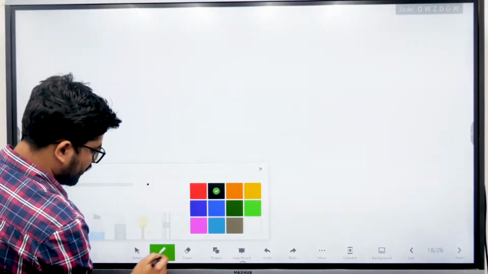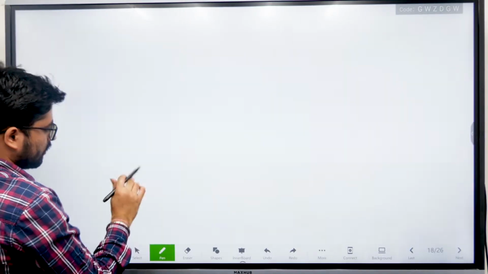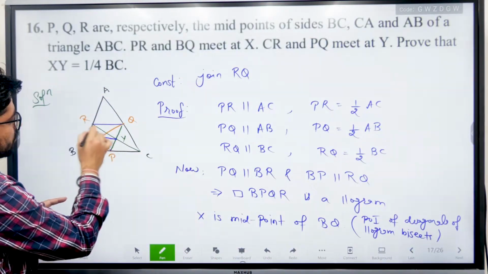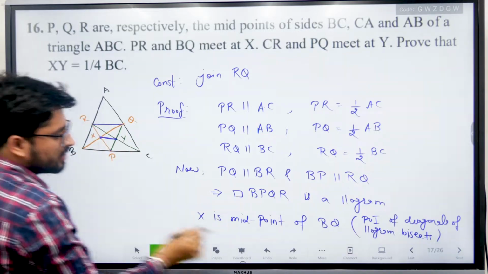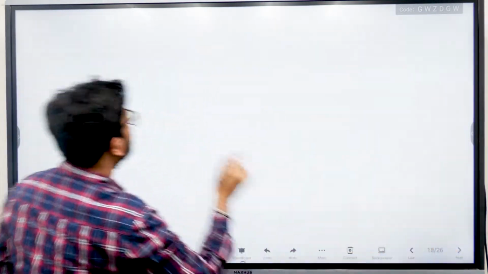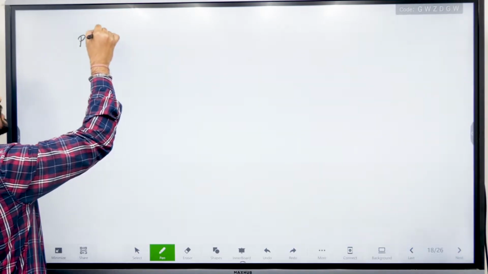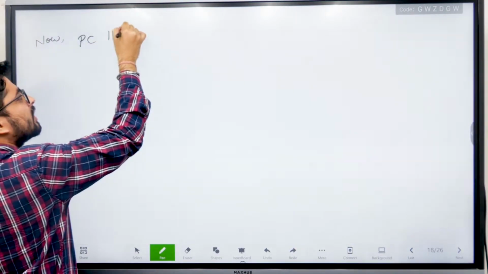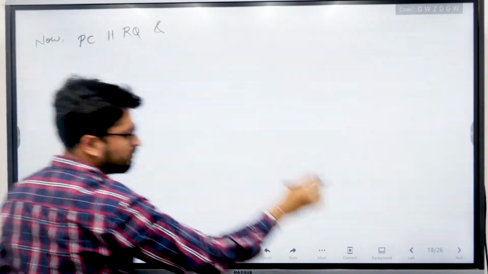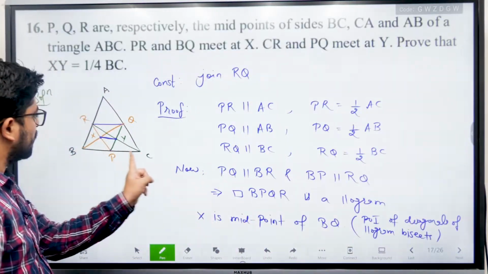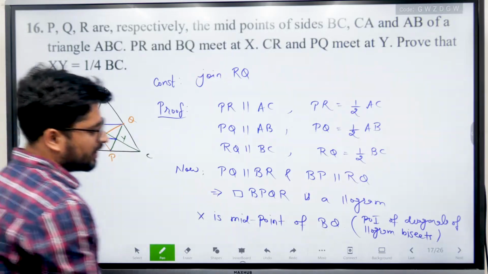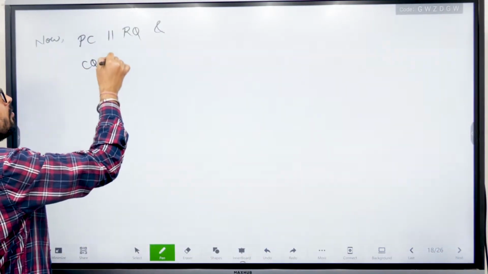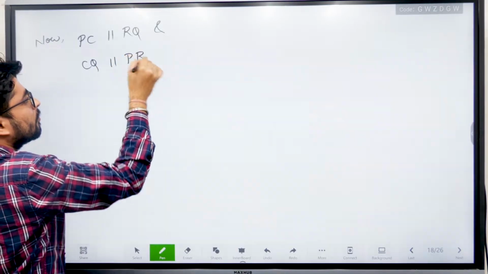So here we have the information that PC is parallel to RQ, and CQ is parallel to PR.